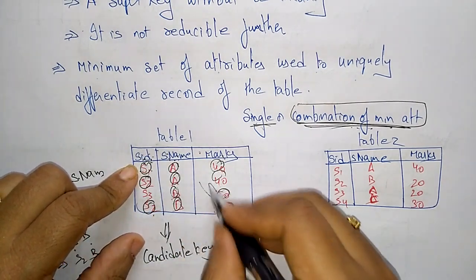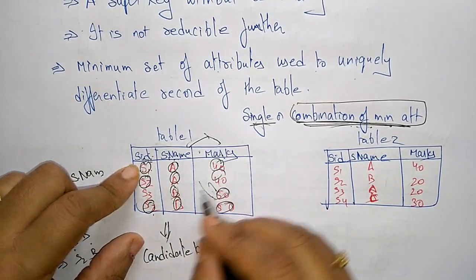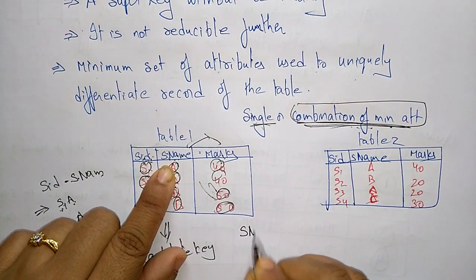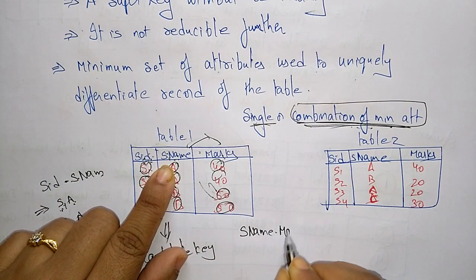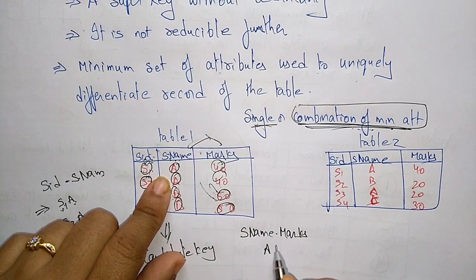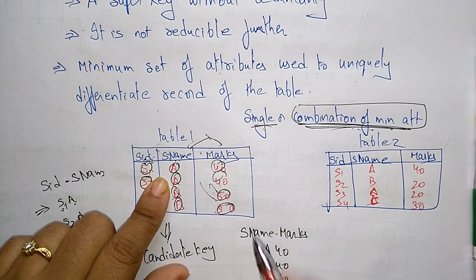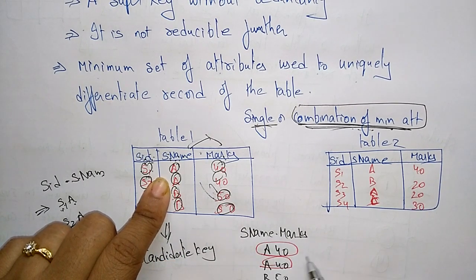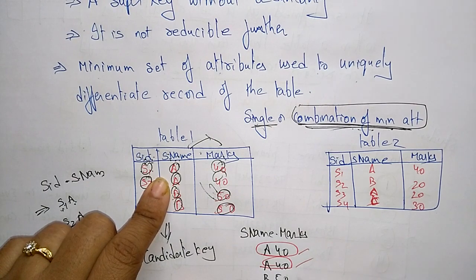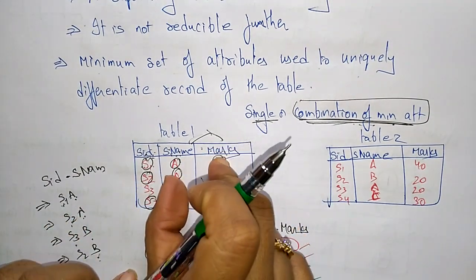Why am I not considering the other two as a candidate key? Because if you combine SName and marks, you are getting the same values, A40, B50, B50. The same redundant data is coming. These both are the same, and these both are the same. That's why I am not taking these two attributes.